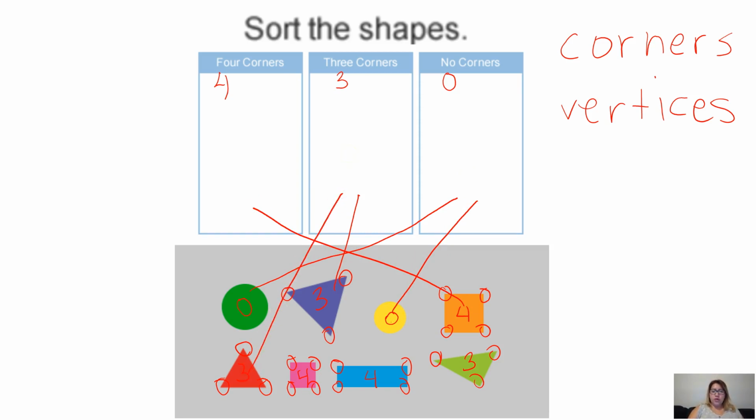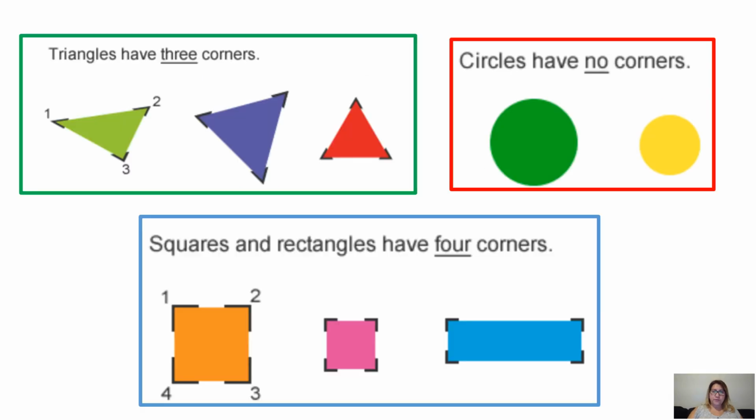Triangle, 3 corners. Square, whoops, that one was wrong. This one goes over here, 4 corners, not that one. I'm sorry, I made a mistake. This is a rectangle. It goes over here, 4 corners, and a triangle, 3 corners. So remember, vertices is also corners.